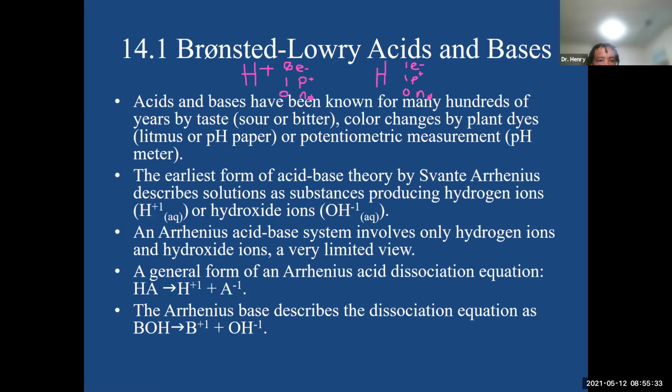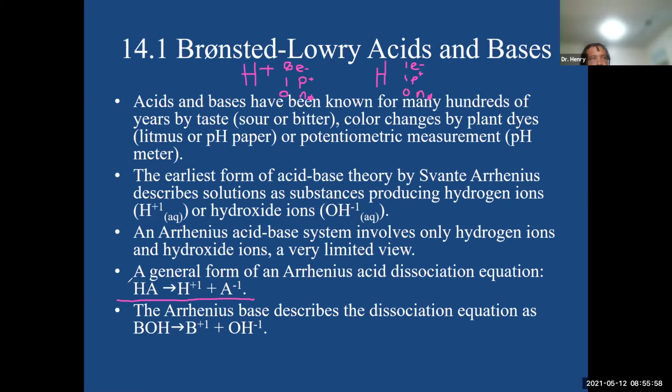If we look at it, Arrhenius gives us this very generic equation. HA represents a general polyatomic ion or ion. H represents that H plus.